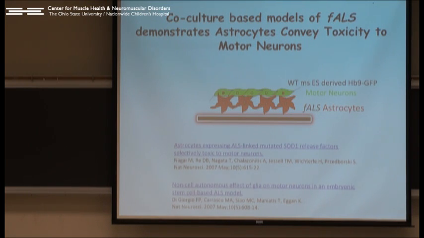So these are motor neurons that we can purify because we put in a motor neuron-specific promoter with a GFP. So we can enrich for motor neurons to watch these motor neurons and do this co-culture on top of the ALS astrocytes. And ALS astrocytes induce motor neurons to die. Very predictably, almost every single motor neuron will die in that tissue culture dish.